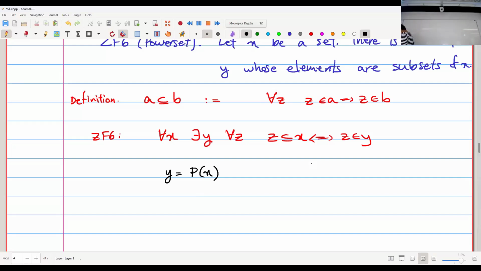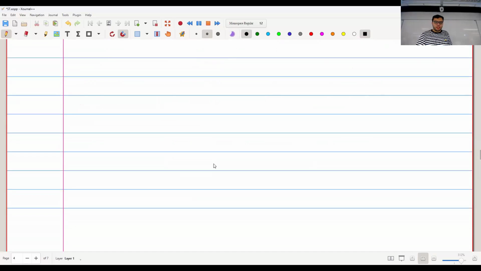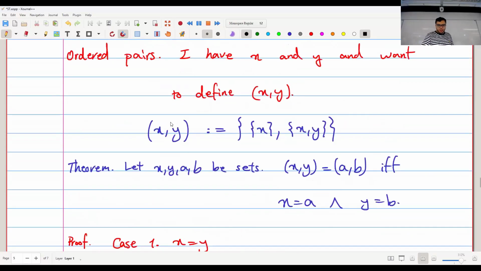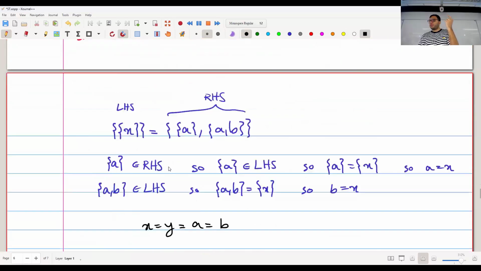Now, look, when we defined ordered pairs, you would expect that the next thing we define is a Cartesian product, right? So when I defined ordered pairs here, I basically said that if I have two elements X and Y, how can I create an ordered pair of X and Y?